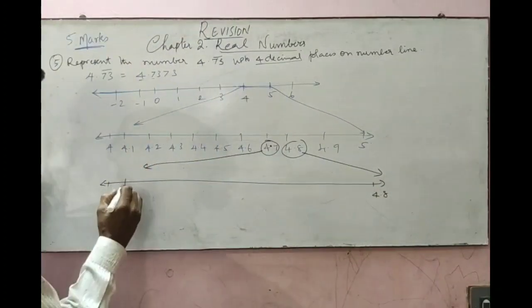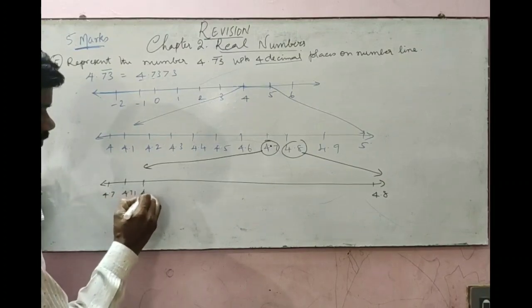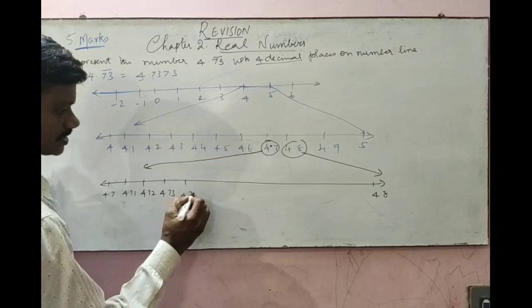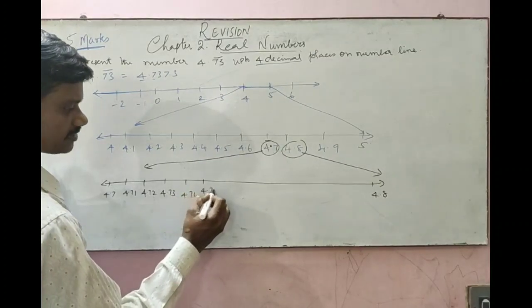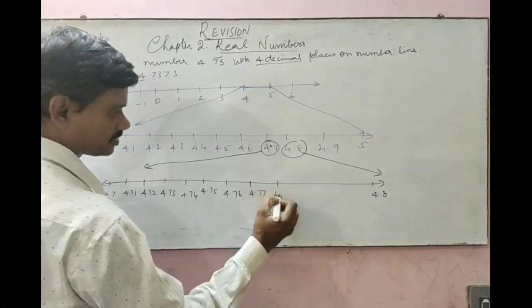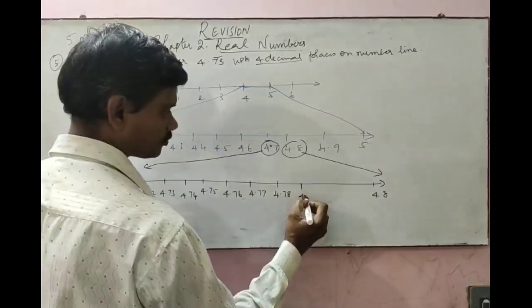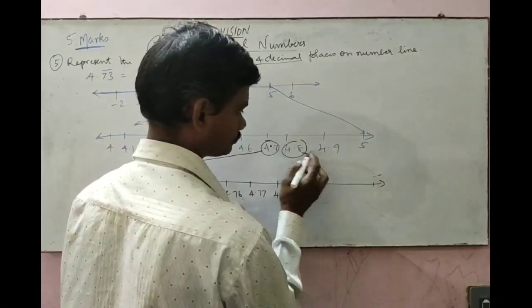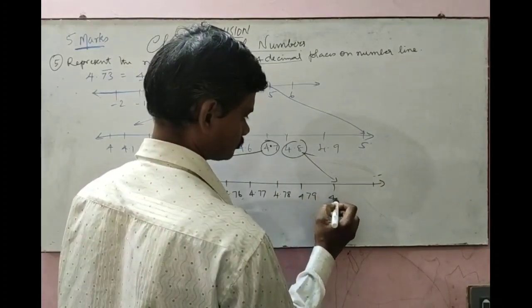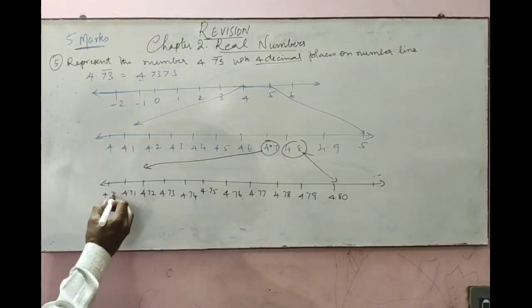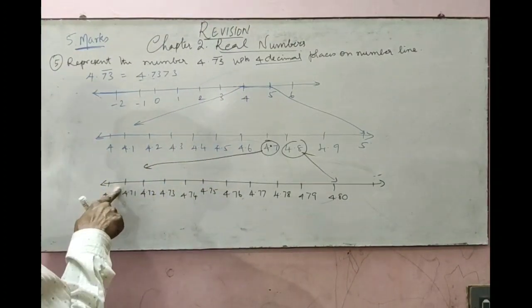Inside this I am going to write 4.71, 4.72, 4.73, 4.74, 4.75, 4.76, 4.77, 4.78, 4.79 and this is 4.8. 4.8 or 4.80. Here also you can write 7 as 4.70.